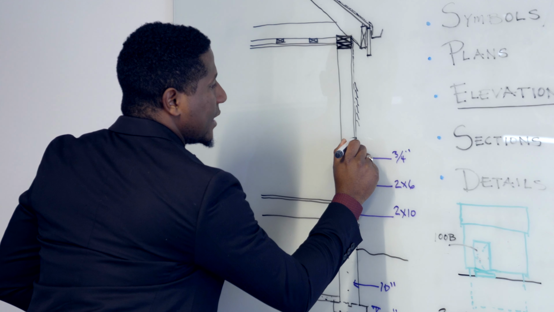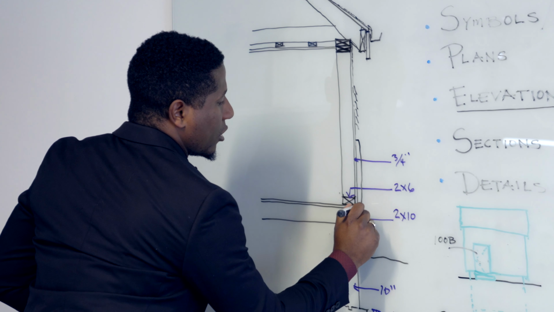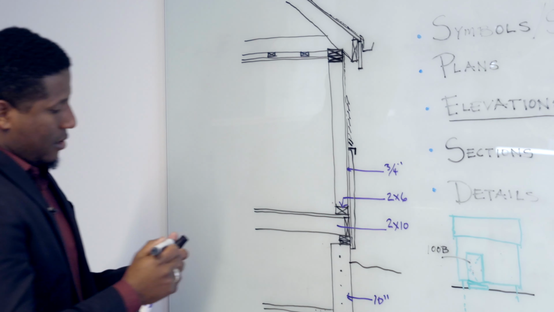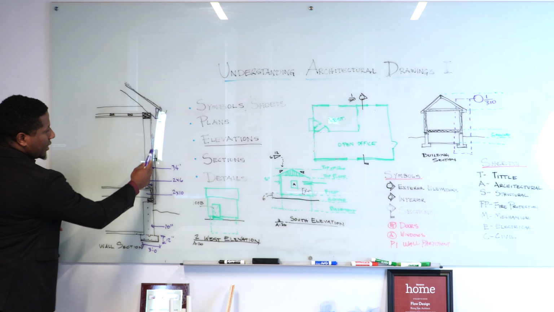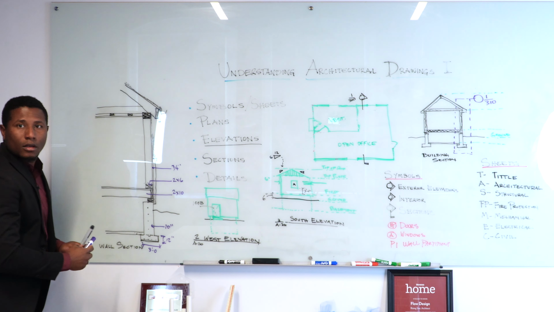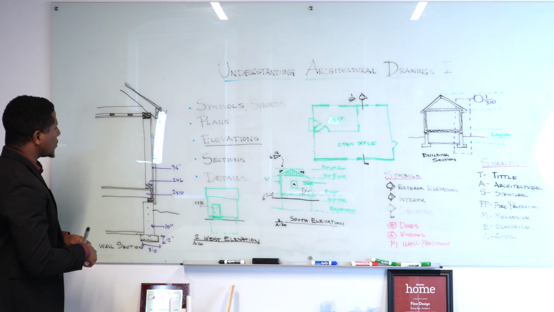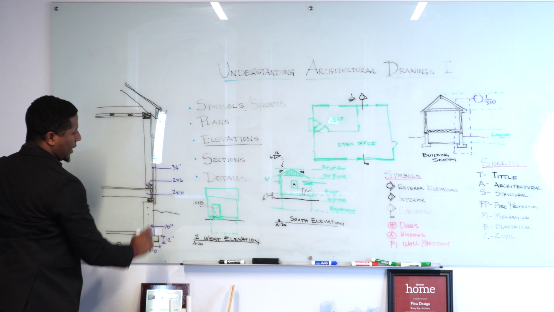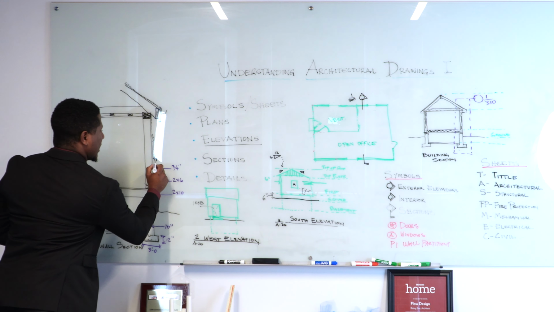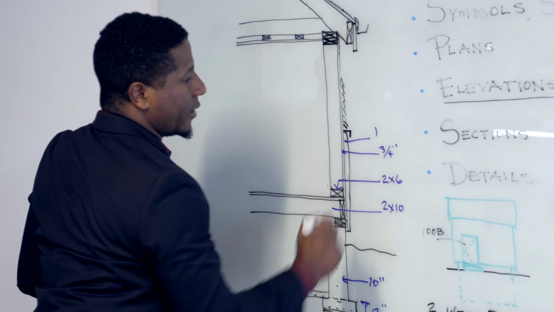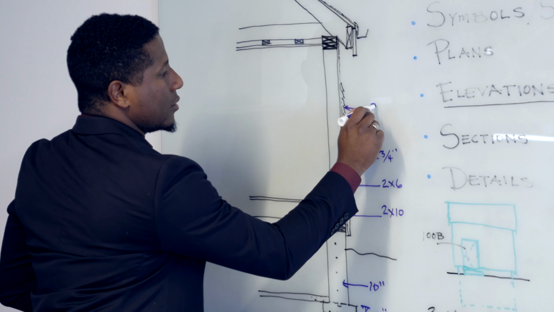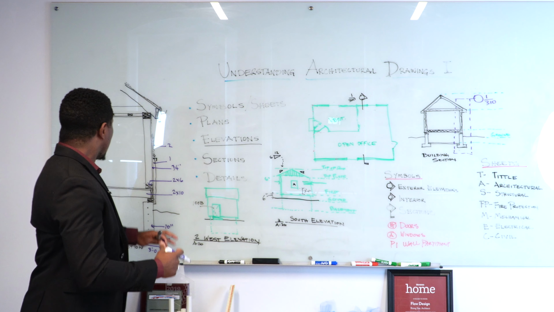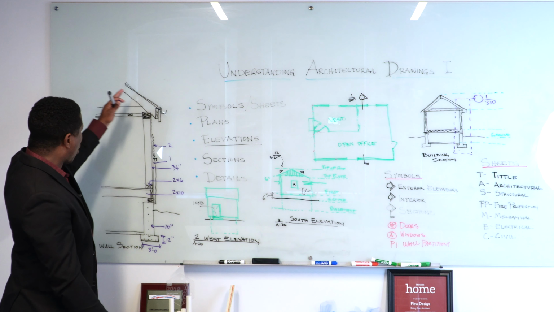There might be a different type of siding at a certain point, and then you can see the relationship of the transition between that kind of siding, your typical horizontal siding or vinyl siding or whatever it is, but then you change to maybe a vertical type of siding, so you can say, this is siding 1 and this is siding 2. So you can kind of get a sense of those details within the wall section.